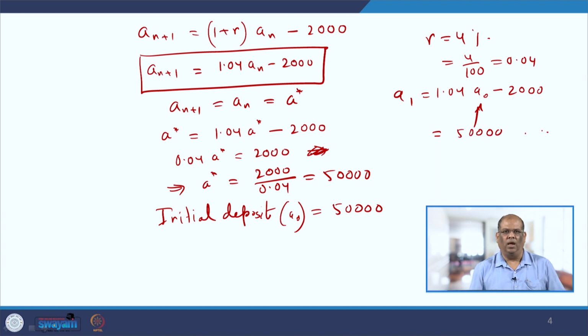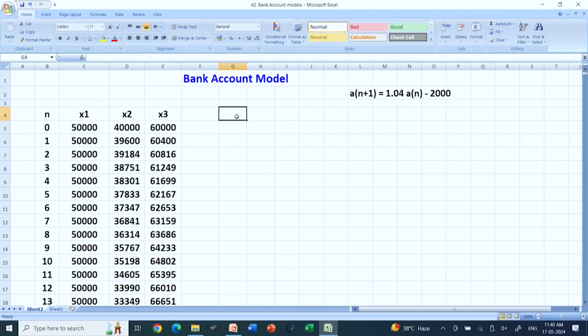Let us now see the numerical solution of this with the help of Microsoft Excel to see whether our analytical result matches with the numerical one. So, this is my n.